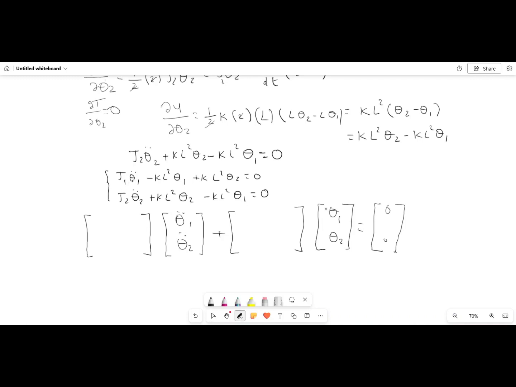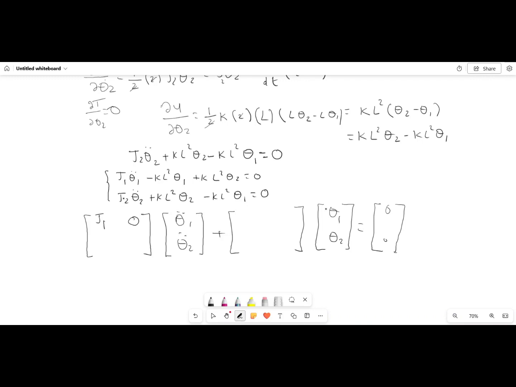So basically we look at theta double dot 1. Do we have it in the expression of 1? Yes. Because of that, what is next to it? J1. We can write J1. Now, theta double dot 2. Do we have it in the expression of 1 here? We don't have it, so this should be 0. We come on the second one.